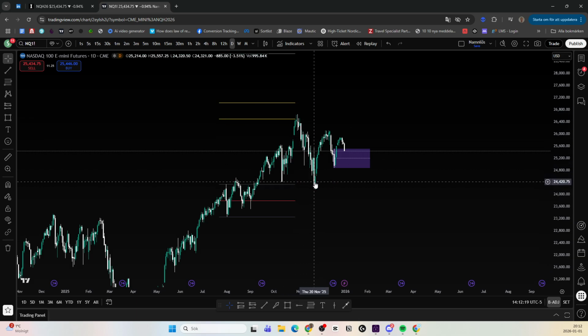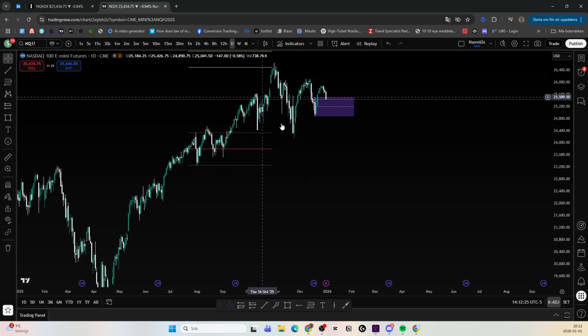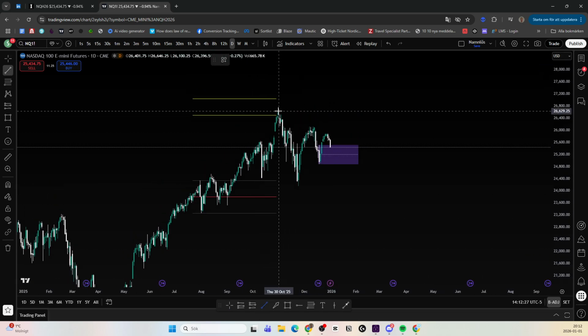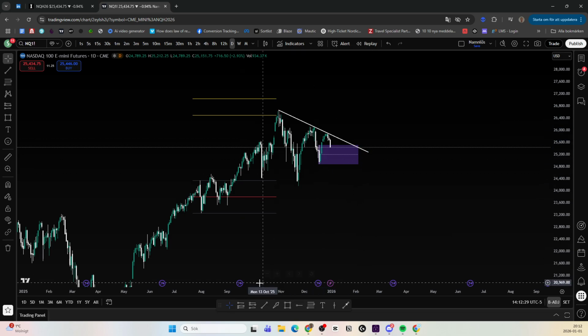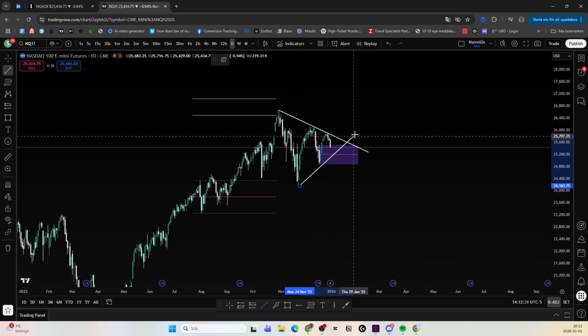That's the next manipulation move, bounce off this order block, and then what it's doing right now is it's going to do the reverse probably.